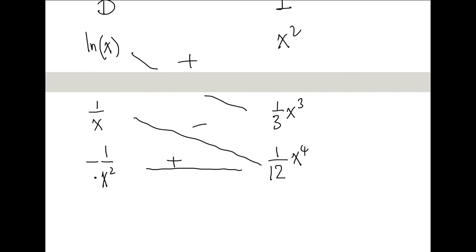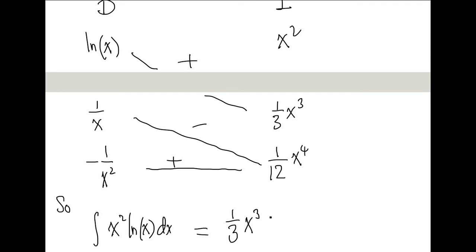This gives us that the integral of x squared log x dx equal to, multiply these two, we have 1/3 x cubed log x, and then minus, multiply these two together, we'll have 1/12, and then x cubed, because the x and in the denominator and x to the fourth cancel out.